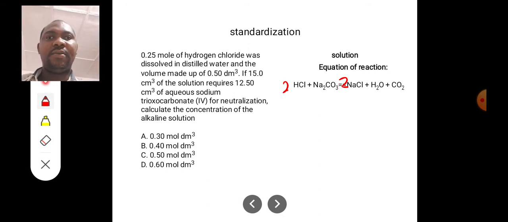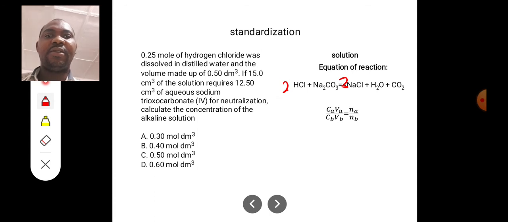Now that leads us to our formula CAVA over CBVB equal to NA over NB. CA is the concentration of acid. We are not given the concentration directly, but in a way we are.